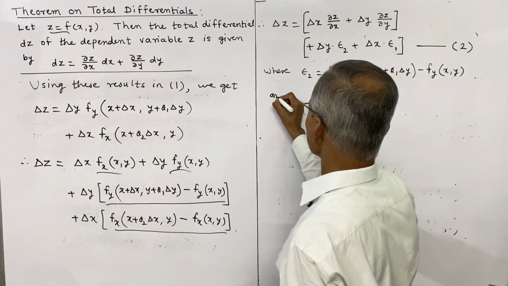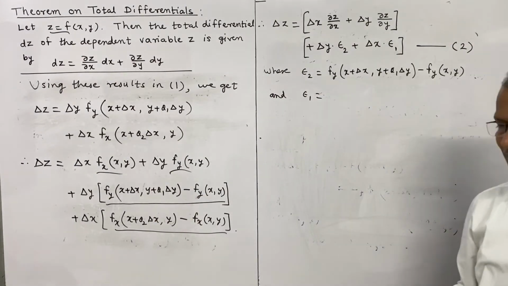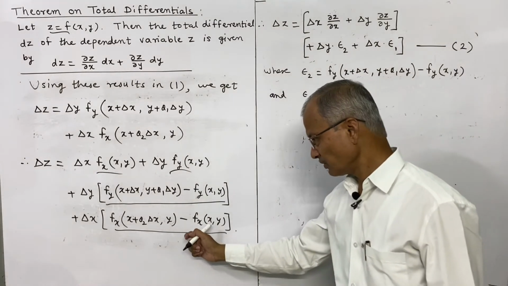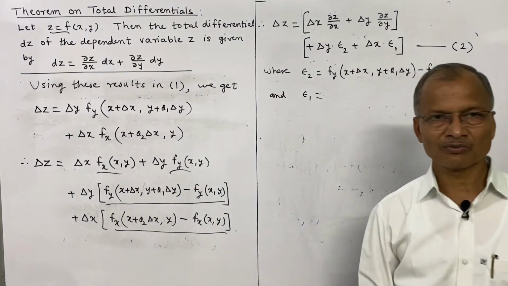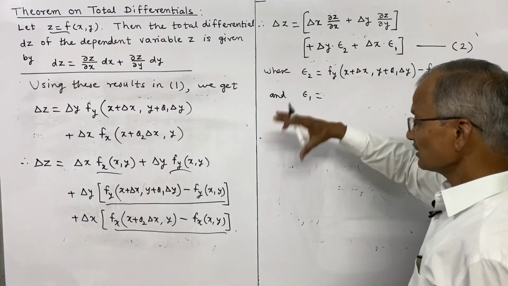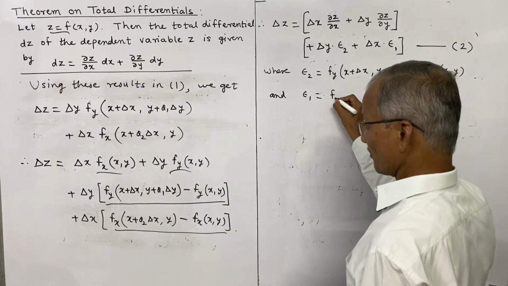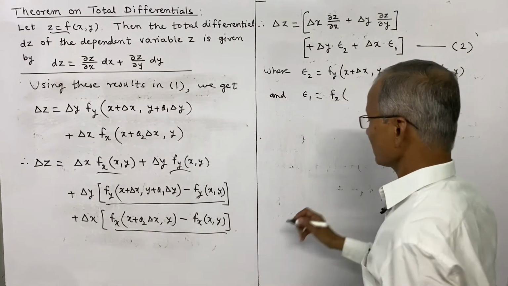First we have denoted for epsilon 1 this partial derivative with respect to x, that we have denoted as epsilon 1. So if you change it there, it doesn't matter. So epsilon 1 will be this bracket.